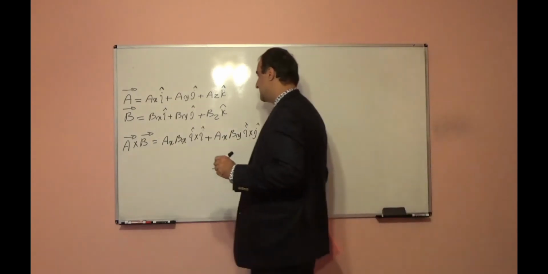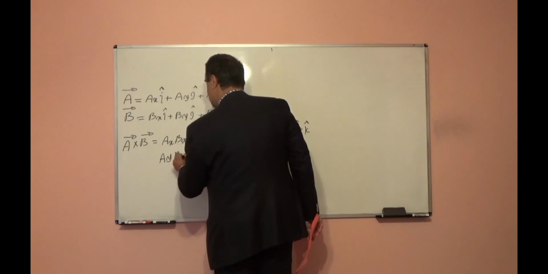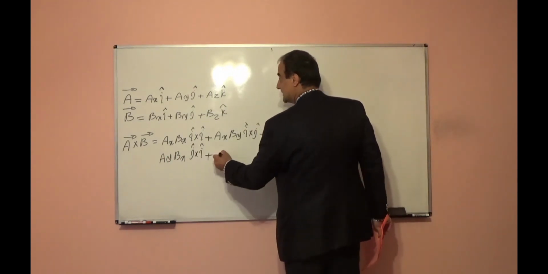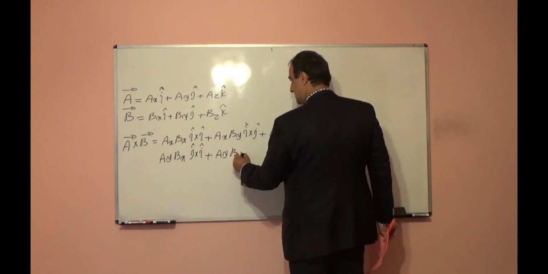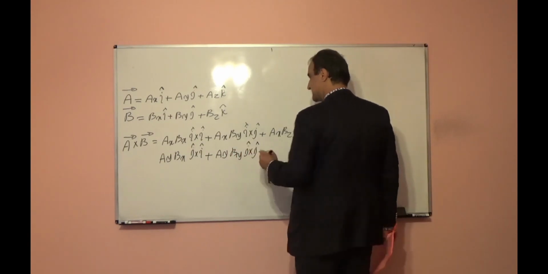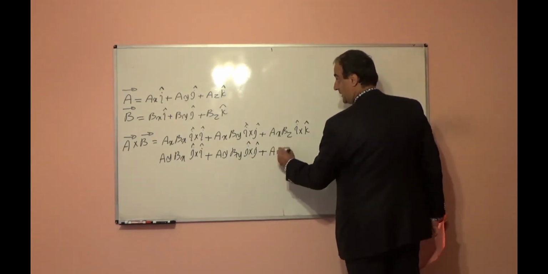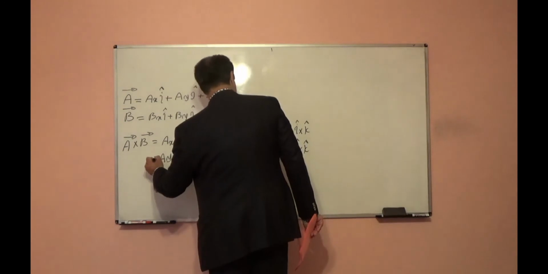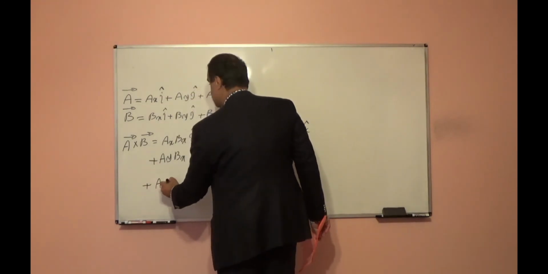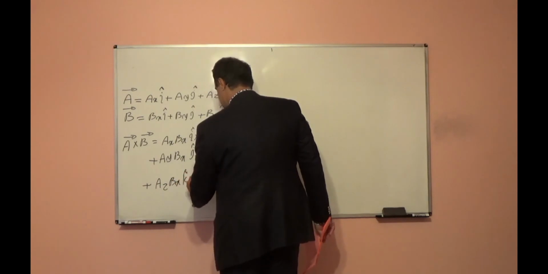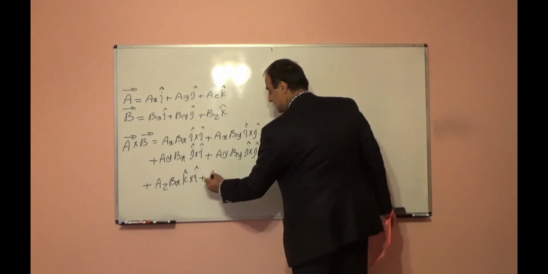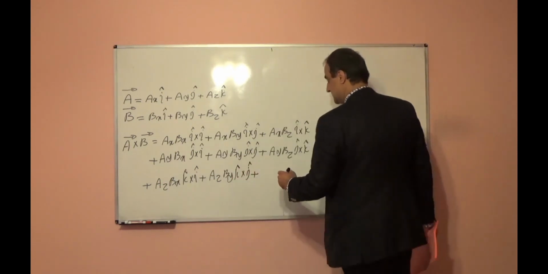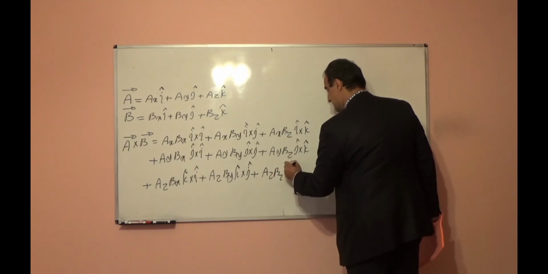In a similar way, we can write AY BX j cross i plus AY BY j cross j plus AY BZ j cross k plus AZ BX k cross i plus AZ BY k cross j plus AZ BZ k cross k.